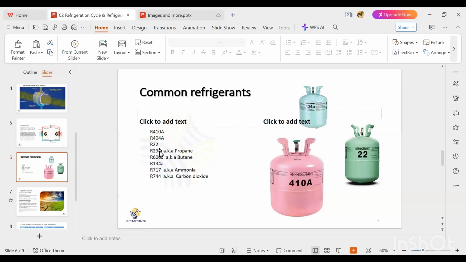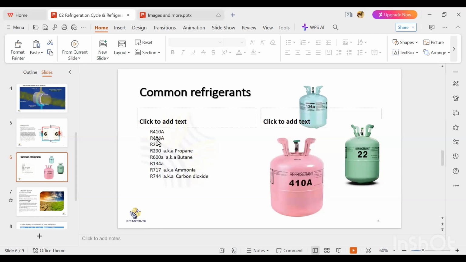And then the figure will indicate what it is made of, whether it is a single chemical or a mixture of chemicals. For instance, if you see a figure starting with 4, like R4 something, they call it 400 series.